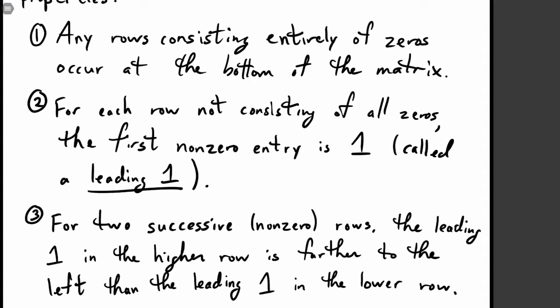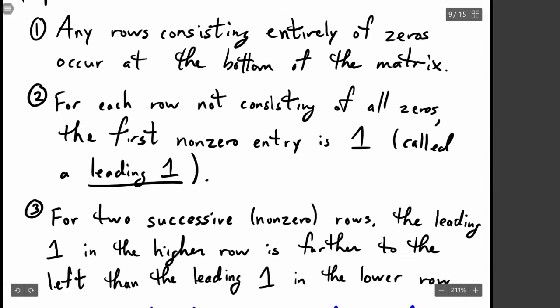So what this means is, if you imagine making a staircase out of your leading ones, the staircase should go down and to the right the whole time. You should never have a step that's 2 rows high. You can have a step that's 2 columns wide, but you can't have a step that's 2 rows high. And you should never have steps going to the left. They should constantly be going down and to the right.